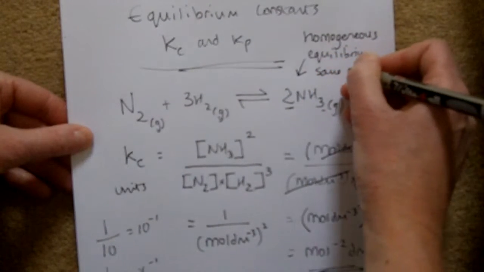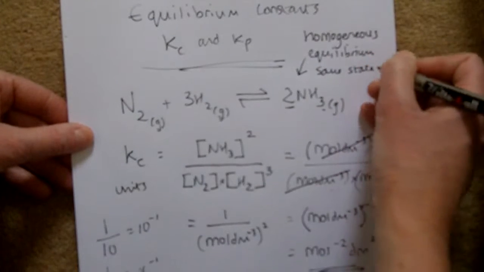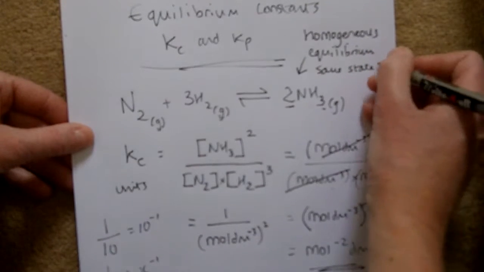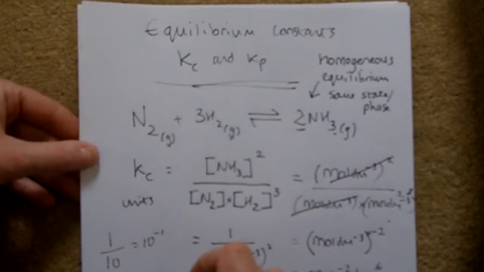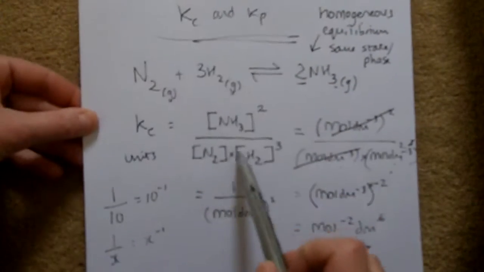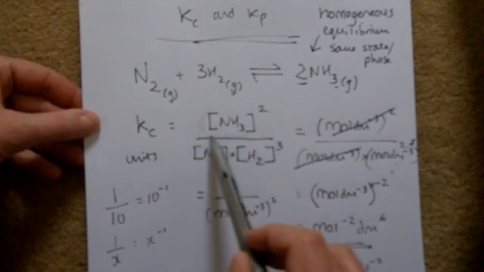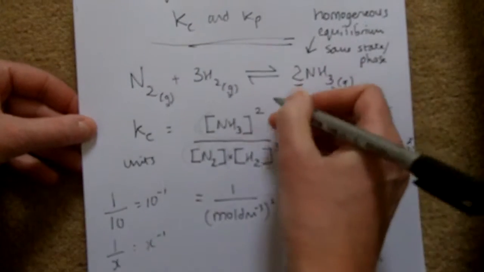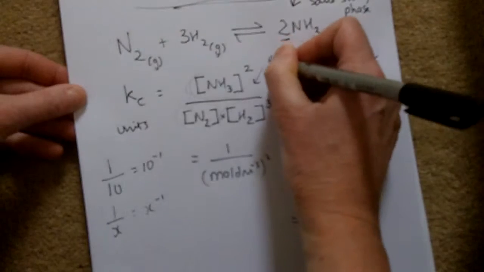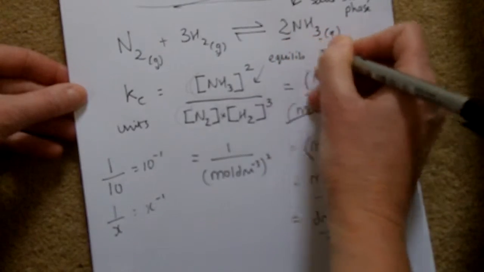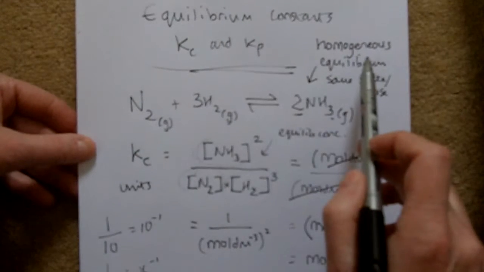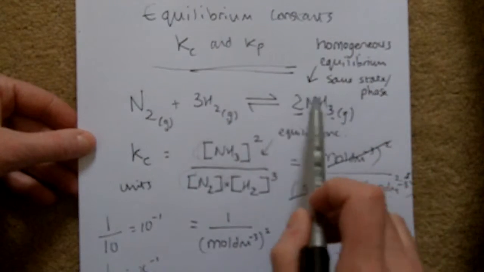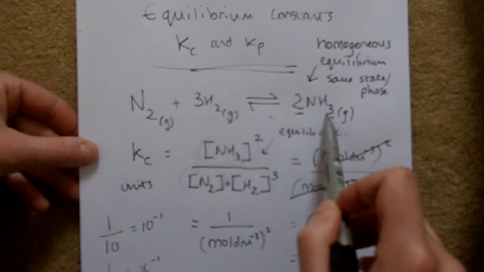All the equilibrium species are in the same state or phase. Can I just point out as well, when you're working these values out, these are equilibrium concentrations, not initial. They're equilibrium concentrations when you're actually working this out.